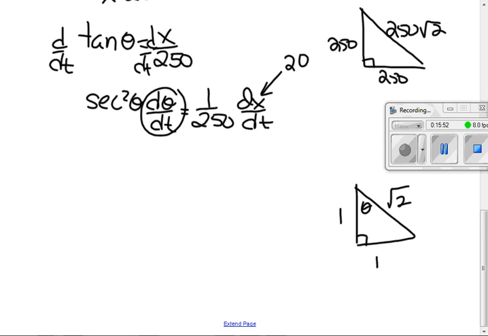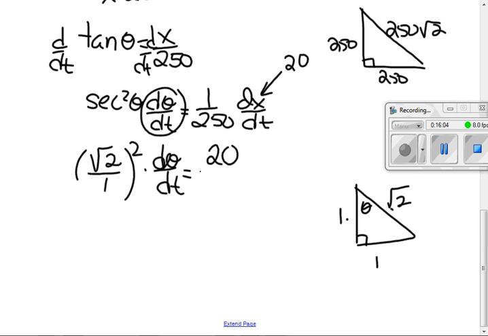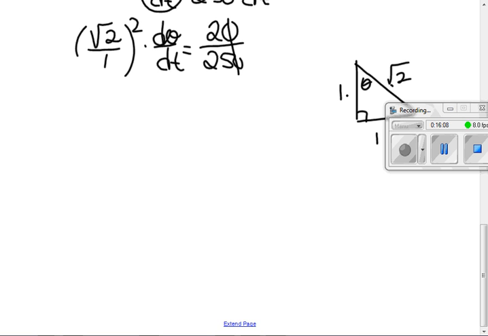See, cosine is 1 over the square root of 2. So secant is the square root of 2 over 1 times d theta/dt equals 20 over 250. So 2 times d theta/dt is equal to 2 over 25.